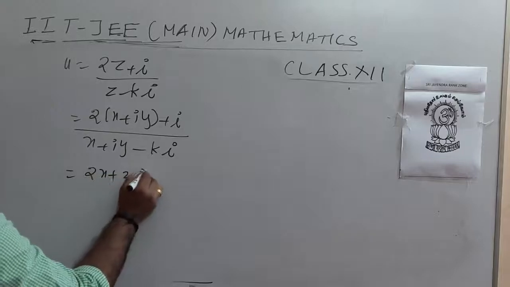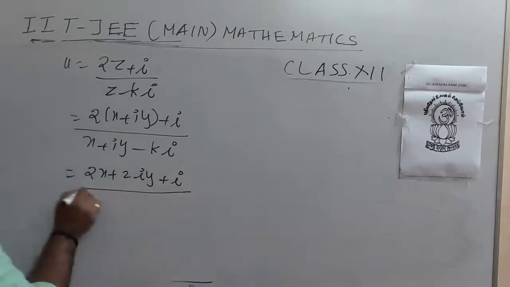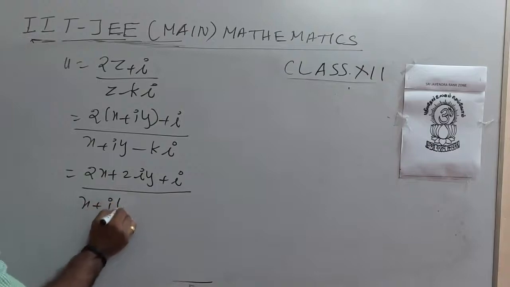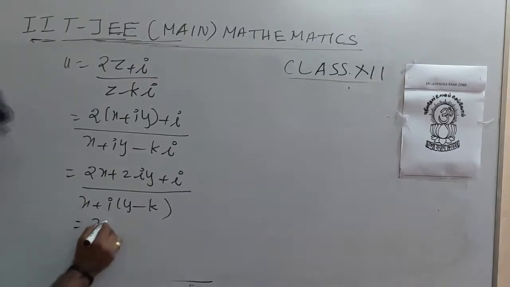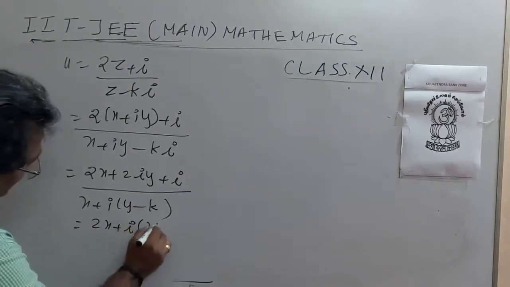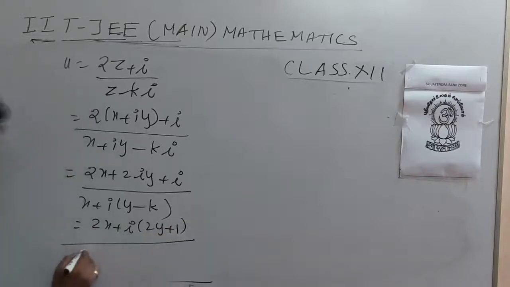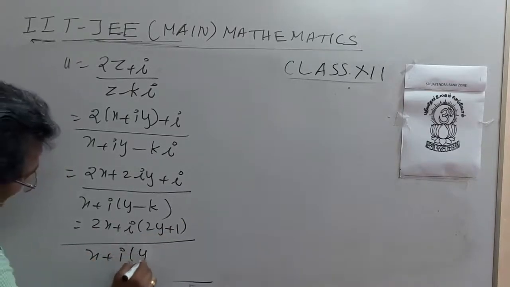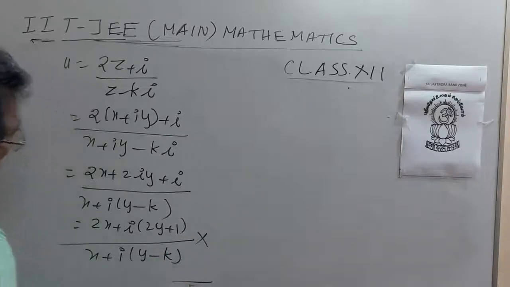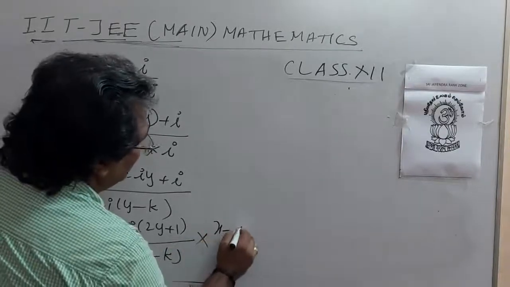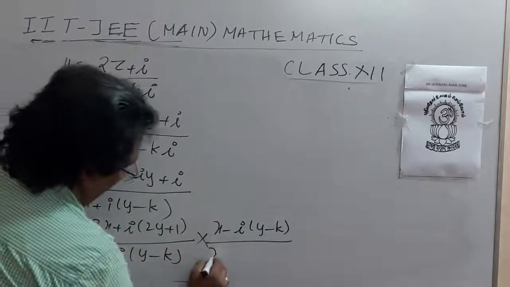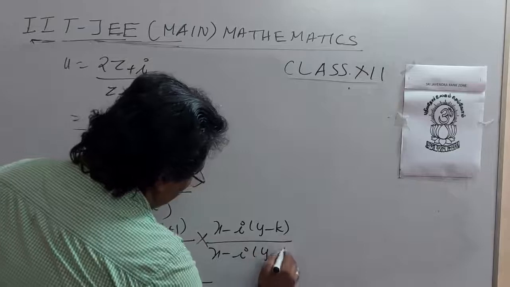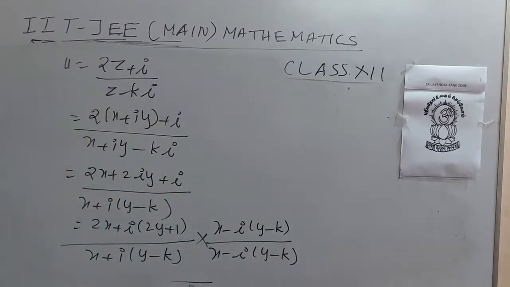That is 2x plus 2iy plus i divided by x plus i into y minus k. That is 2x plus i into 2y plus 1 divided by x plus i into y minus k, into x minus i into y minus k over x minus i into y minus k.